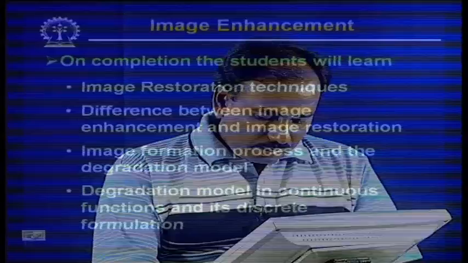First of all, let us see what is the image degradation model that we will consider in our subsequent lectures. Here we assume that our input image is f x y, a 2-dimensional function as before, and we assume that this input image f x y is degraded by a degradation function h.